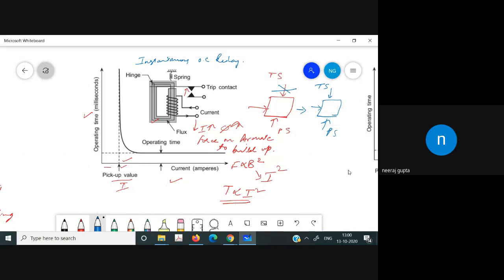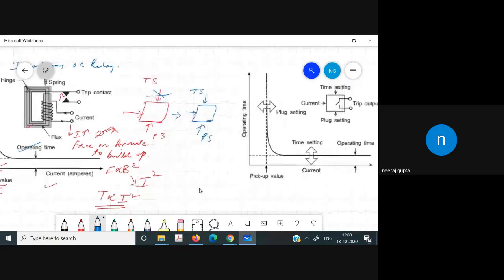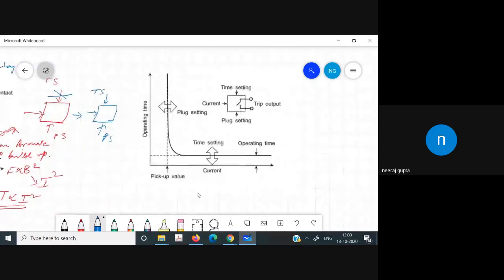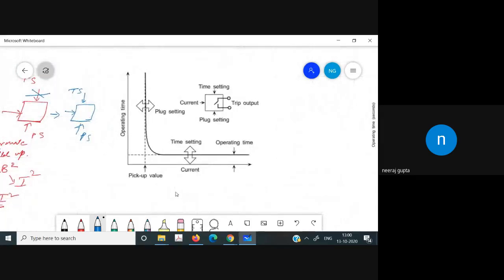In the definite time relay, we will set the operating time also, that is, we can have one setting for the operating time. Here we have the characteristics of that. In this, we have the plug setting, which means the current value at which it will pick up, and here we have the time setting, that is, we can fix the time also. So this type of relay is known as the definite time overcurrent relay.